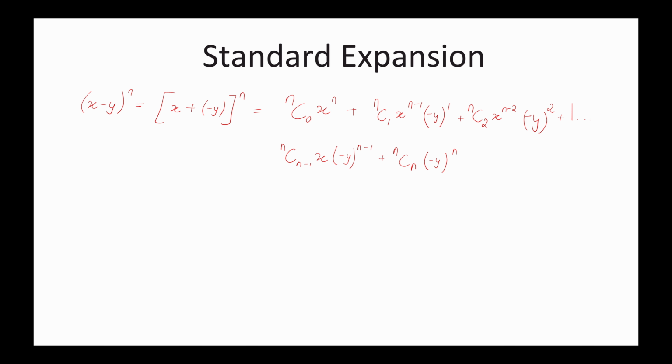Now from here, if I was to write down the general term of this entire equation, or let's say the entire summation in the summation format, how can I write it down?